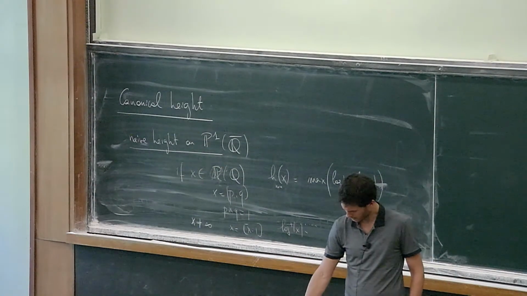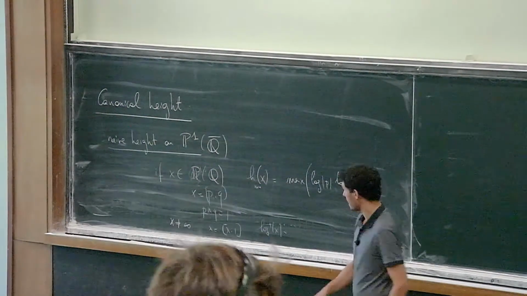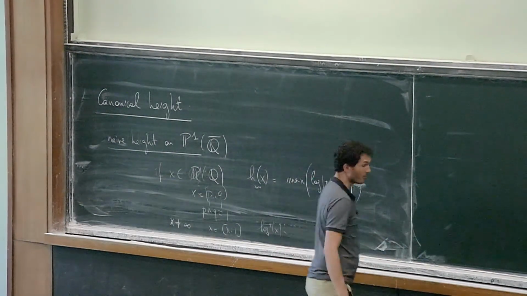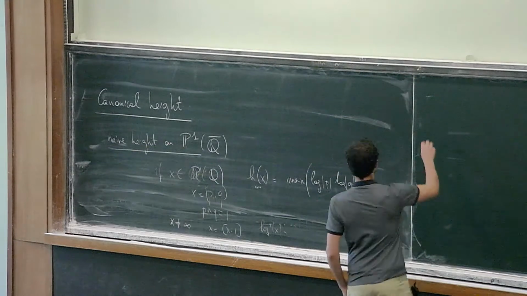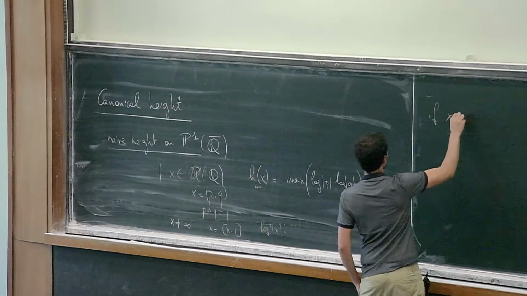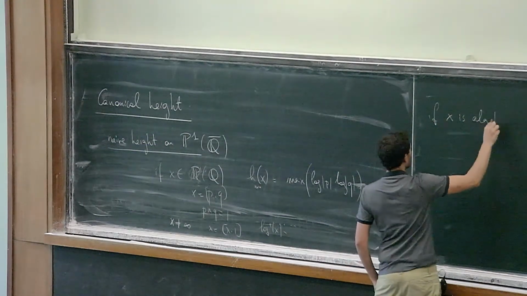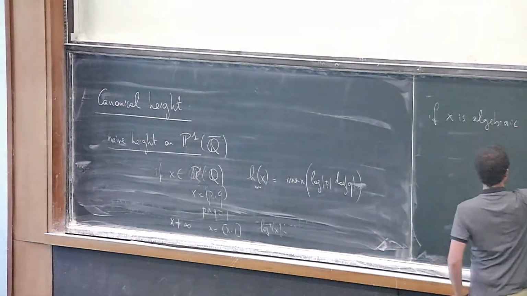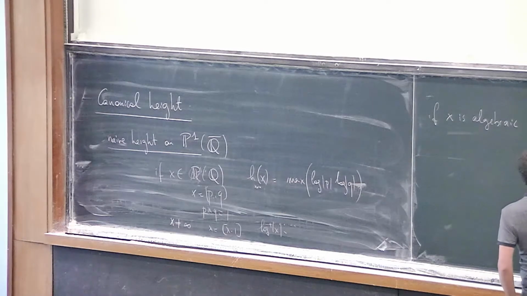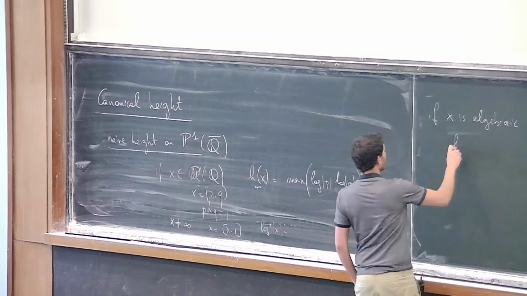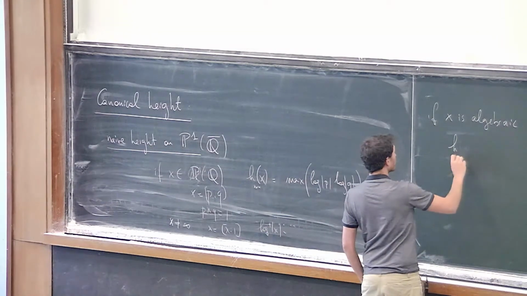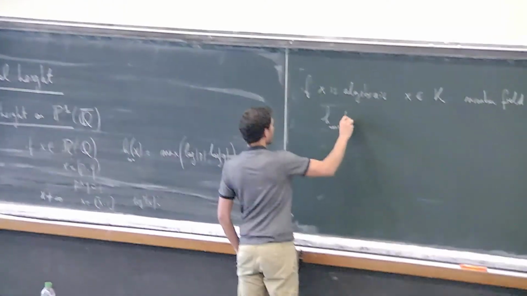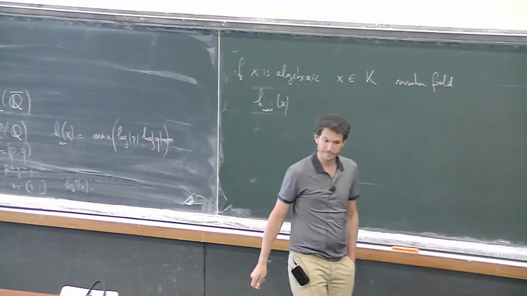I think so. Okay, now if x is not a rational number but an algebraic number, algebraic in some number field, then you can extend the definition of this naive height.